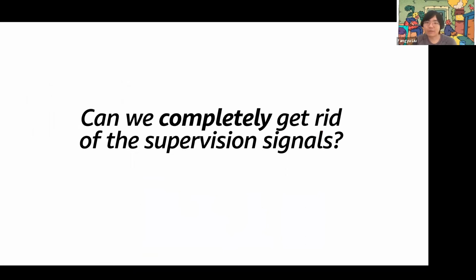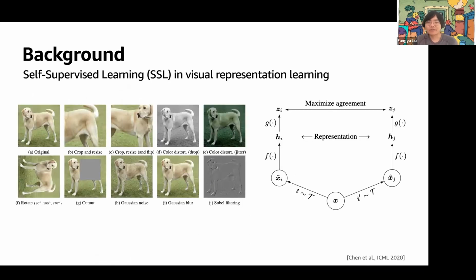So our paper tried to answer the question, can we completely get rid of the supervision signals, which was NLI in the sentence BERT case? We know this can be done in computer vision. In computer vision, self-supervised learning, it's quite common to apply this kind of data augmentation techniques on one image to create separate views of the same image.